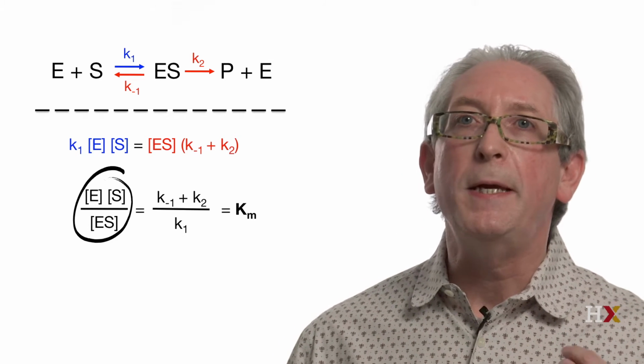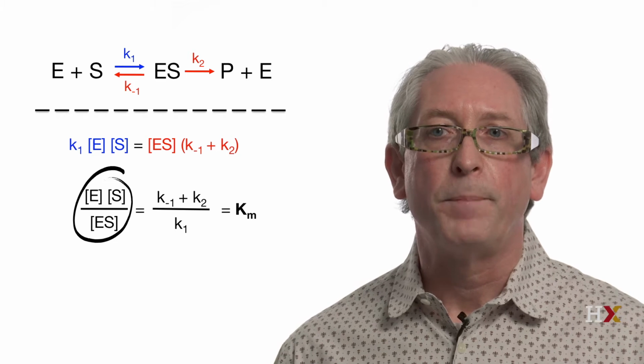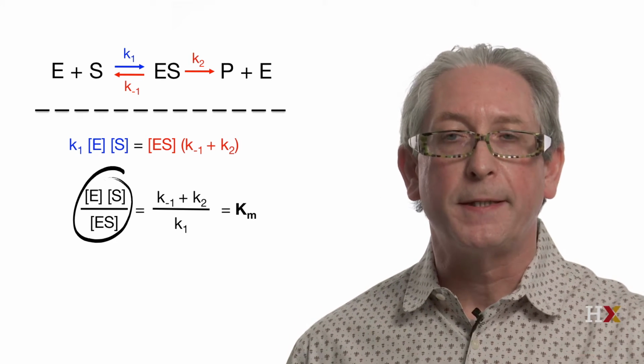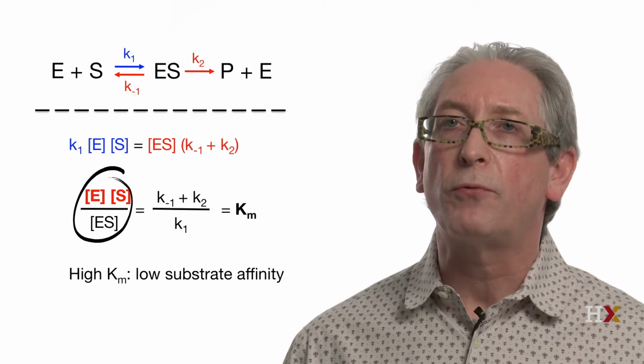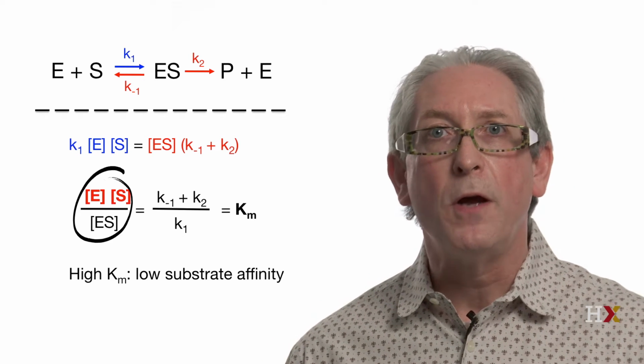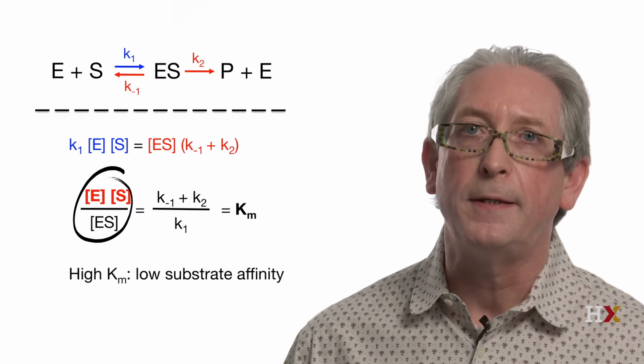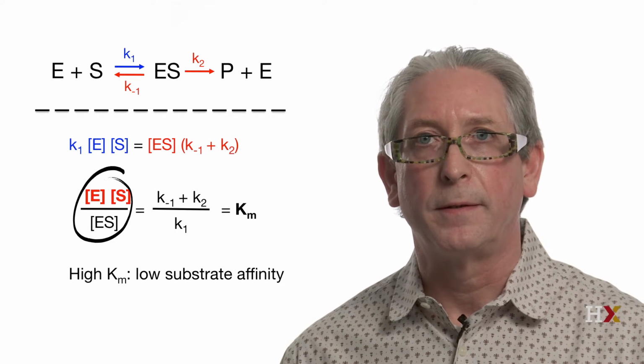What is the meaning of Km? Well, if we have a high Km, that means, based on our equation, that the concentration of enzyme-substrate is low, which suggests that the enzyme has a very low affinity for the substrate.